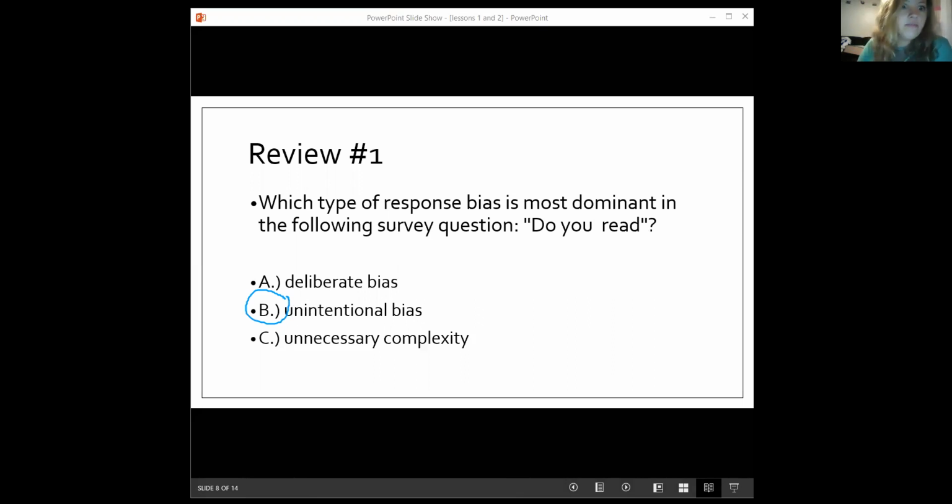Is it nonfiction? Is the question asking, do you read in general? Or is it saying, do you know how to read? Do you read often? So it's very ambiguous. That's going to be unintentional bias because the wording just doesn't tell you much. So people are going to respond probably in different ways depending on how they interpret the question themselves.